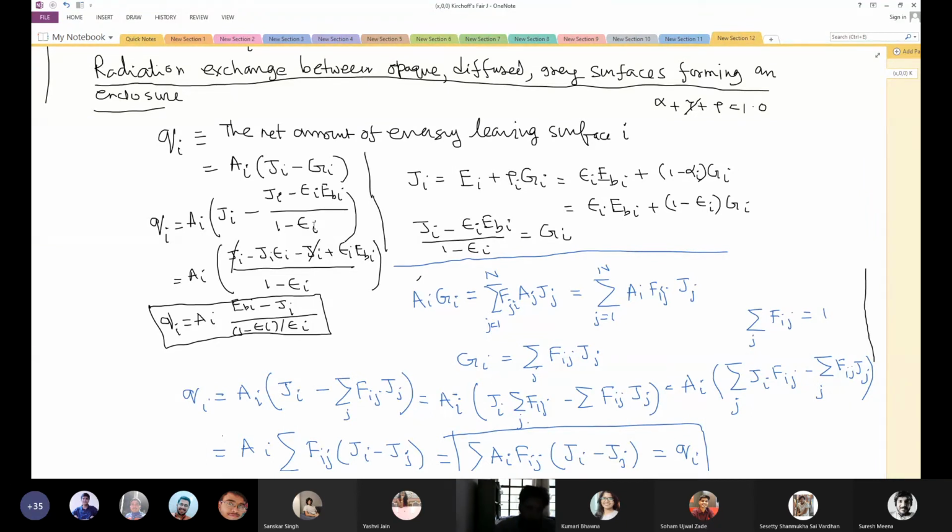Still, we cannot solve for qi and ji because these are now two unknowns. So we noted that we yet had to use another piece of information: what fraction of radiation from one surface reaches another surface, the view factor. So we wrote another relation between ji and gi using the view factor. Did a little bit of manipulation here and there.